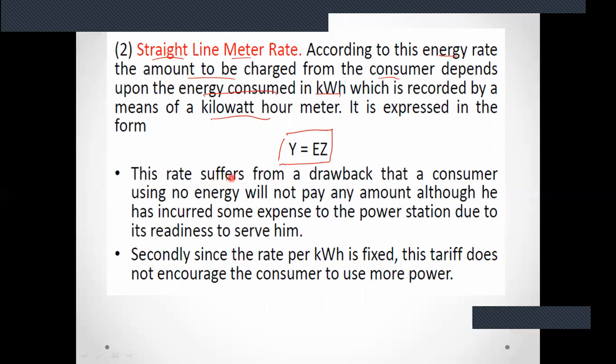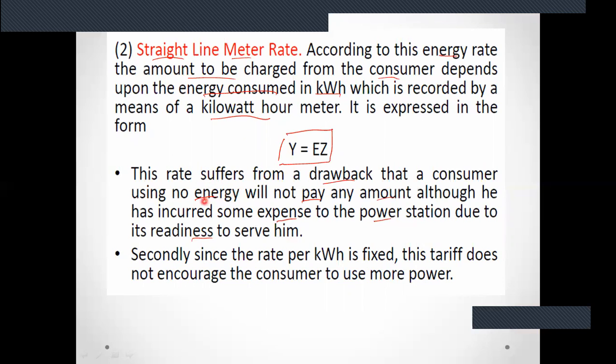So the straight line meter rate suffers from the drawback that a consumer using no energy will not pay any amount, although he has incurred some expense to the power station due to its readiness to serve him. This is the first drawback.